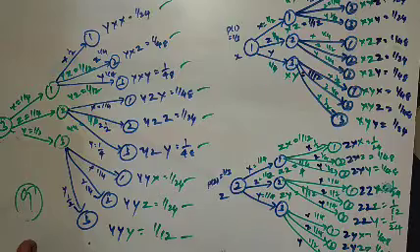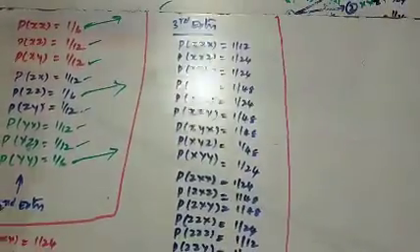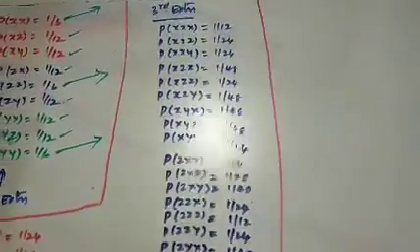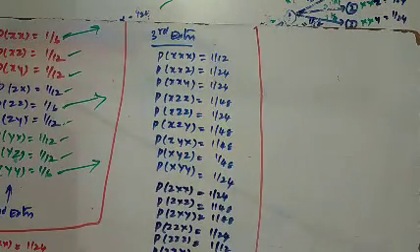After that, we have written here separately all these. For third extension, the probability of extension of x-axis is 1/12, 1/4, 1/24 and so on.